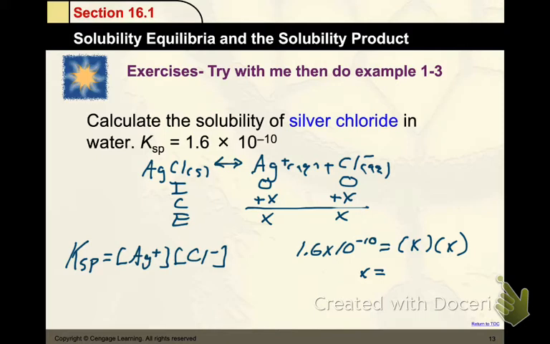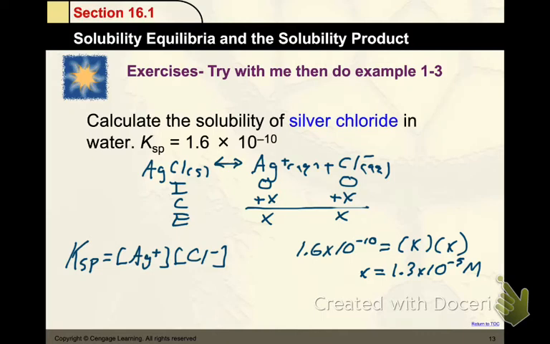So I'm going to go ahead and punch that in my calculator. 1.6 times 10 to the minus 10. And I end up with 1.3 times 10 to the minus 5 molar.